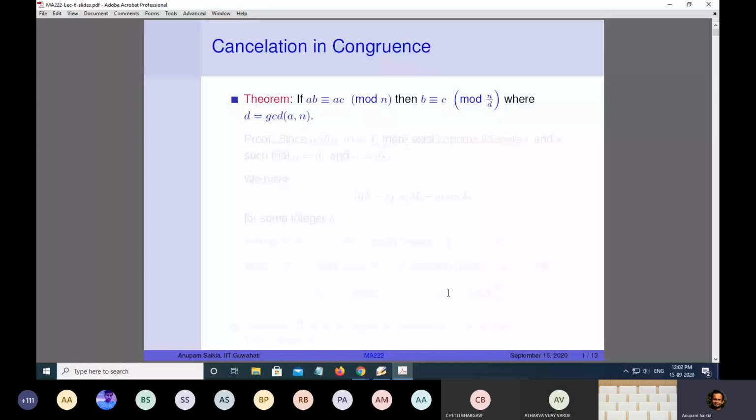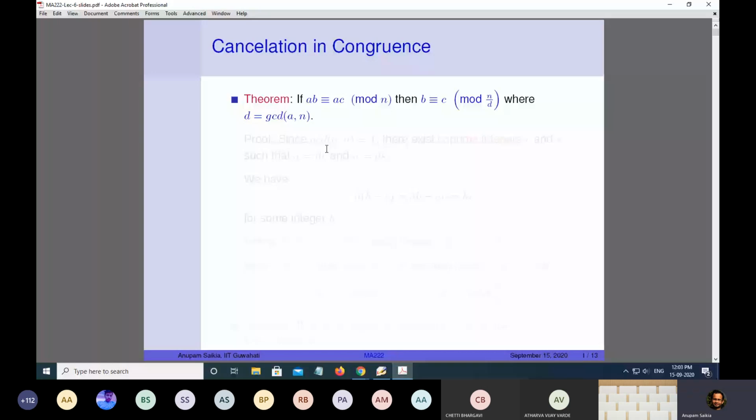So if a is non-zero, you can cancel a from ax equal to ay and you get x equal to y. Now when we go to congruences, it is similar but not exactly the same. So we have to be somewhat more careful when we do cancellation.